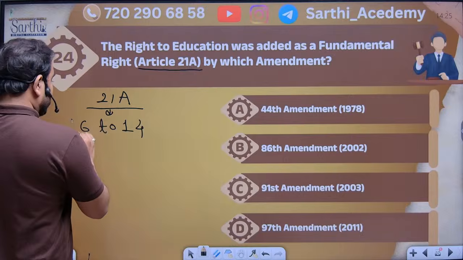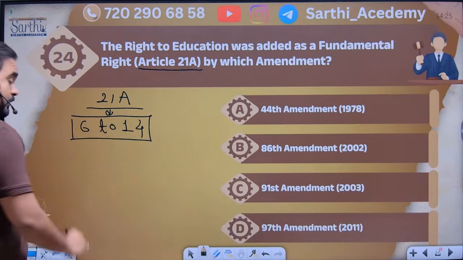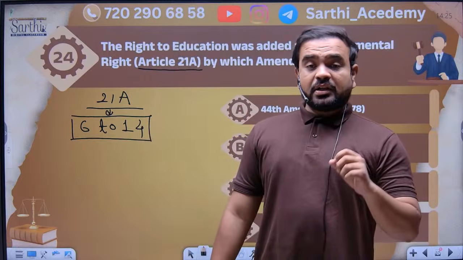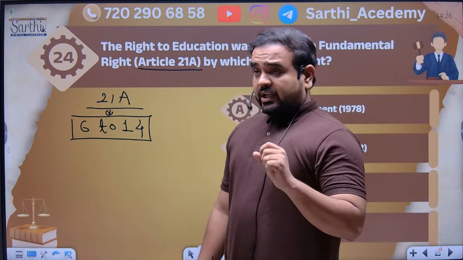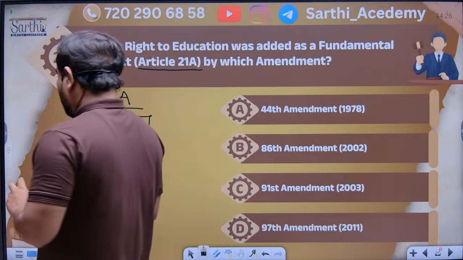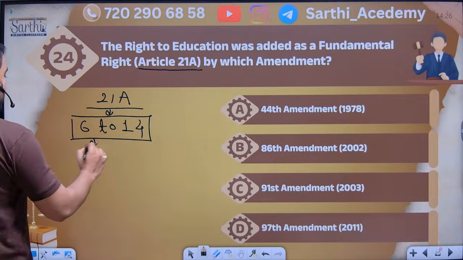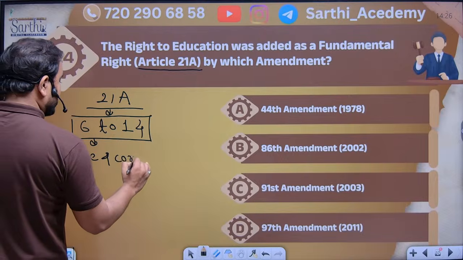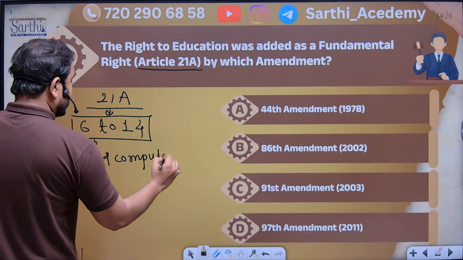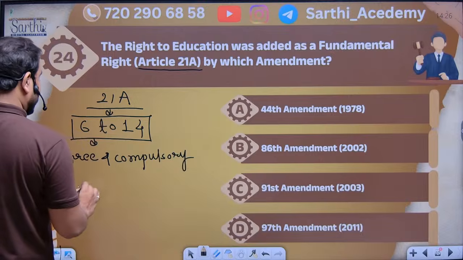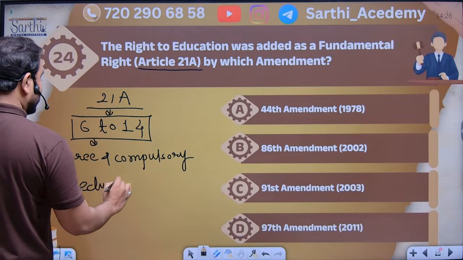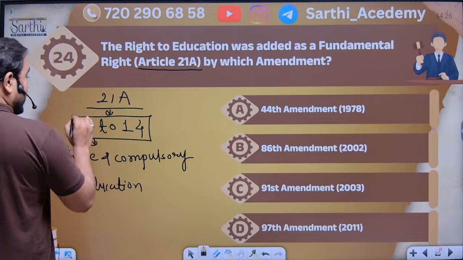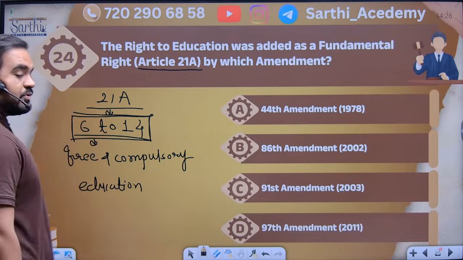will have to get free and equal education, or you can say equal opportunity for education, or you can say free and compulsory education. So this is written in our fundamental right that every child will have free and compulsory education, but only and only if your age group is between 6 to 14.